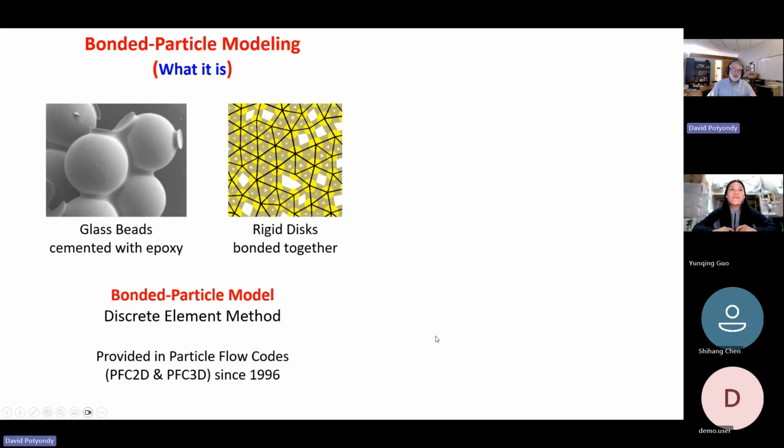All right. So what do we mean by bonded particle modeling? On the left, you actually have a real physical thing. Those are glass beads, probably 25 millimeters across.